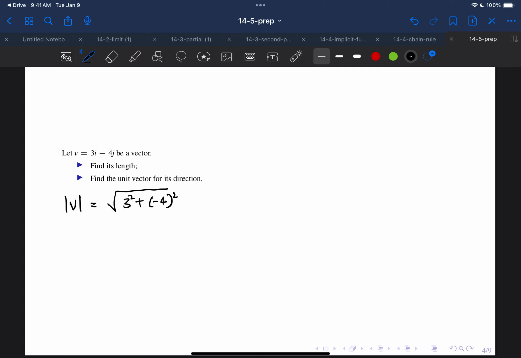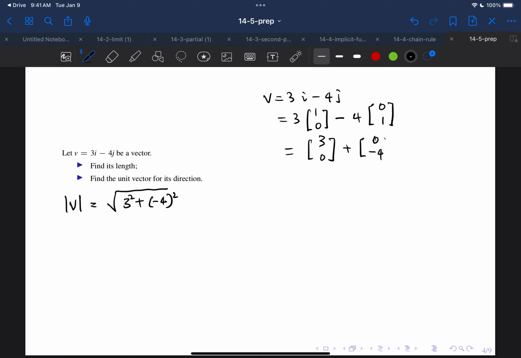Before doing that, I want to rewrite v into the standard form of a 2D vector. Because j is (0, 1), putting them together, this is (3, 0) plus (0, -4). So v is (3, -4).